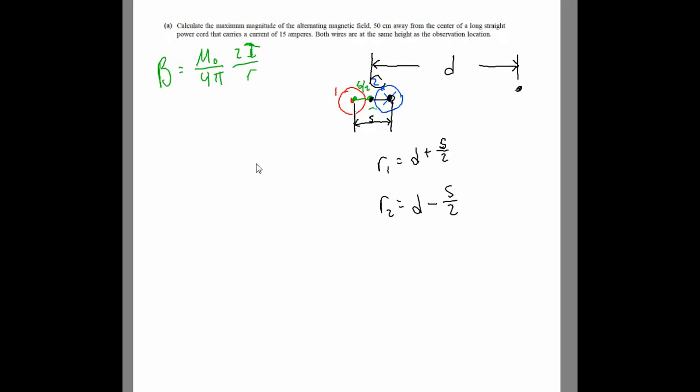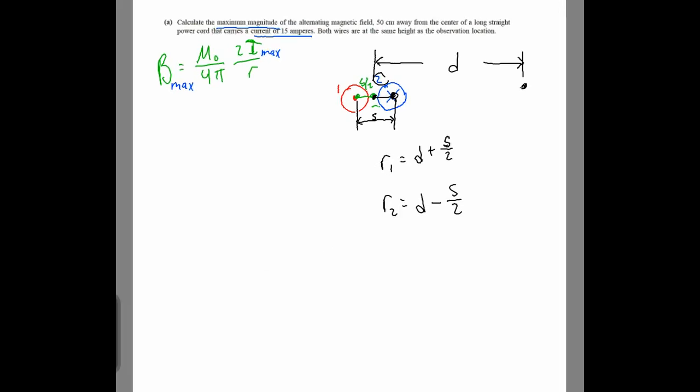Since we were given the maximum value of the current for each wire, we know that for each wire the maximum magnetic field is mu naught over 4 pi times 2 I max over r. In order to find the maximum magnitude of the magnetic field at the observation location, we need to find the net maximum magnetic field at that location, meaning B net equals the maximum value of B2 minus the maximum value of B1.